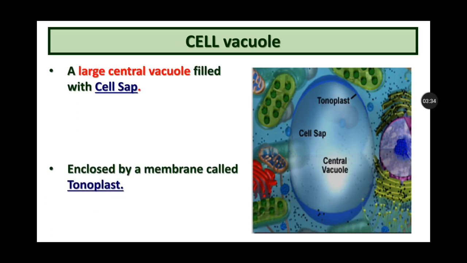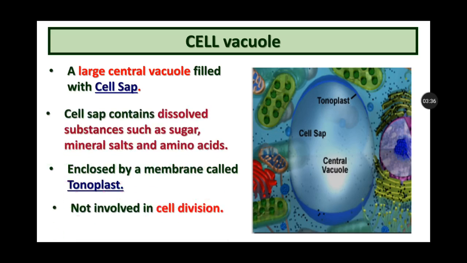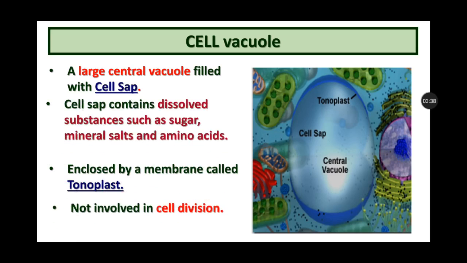This cell sap contains dissolved substances such as sugar, mineral salts and amino acids. Amino acids are the basic units that combine to form a protein.